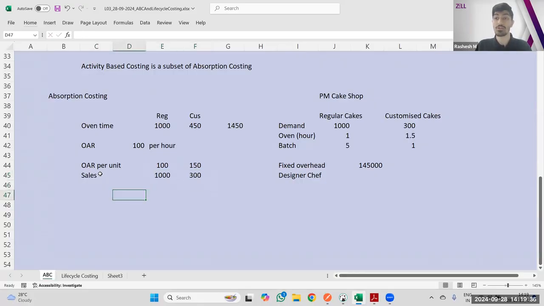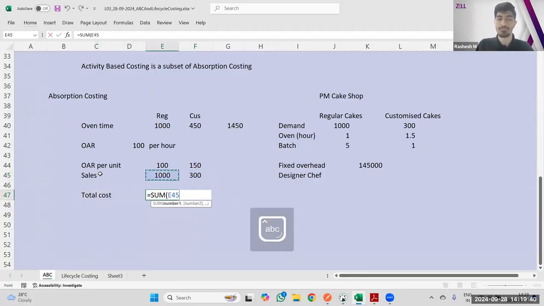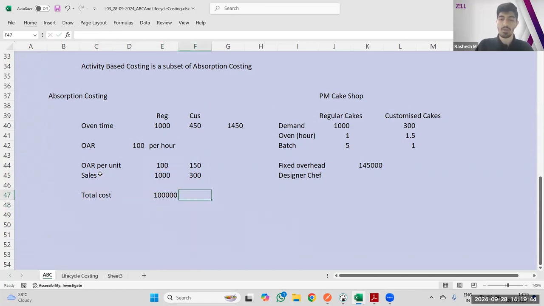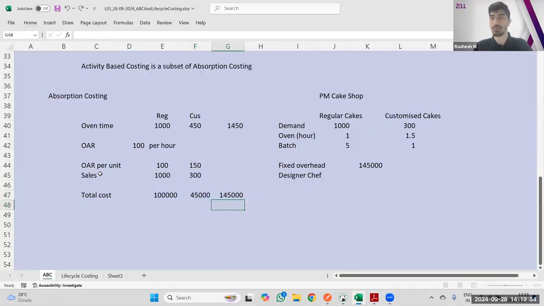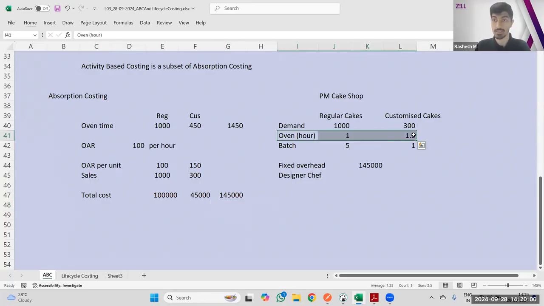So if I've done my calculation correctly, my total cost should add up to, sorry, it'll be a multiply, 1 lakh, another 45,000, sorry, just a moment. And that adds up to 1,45,000.